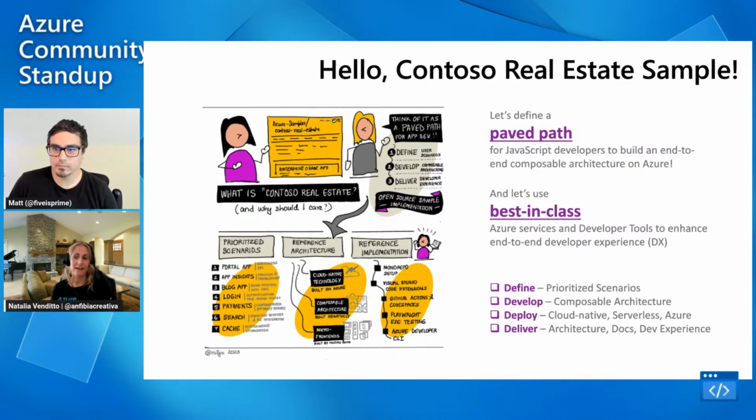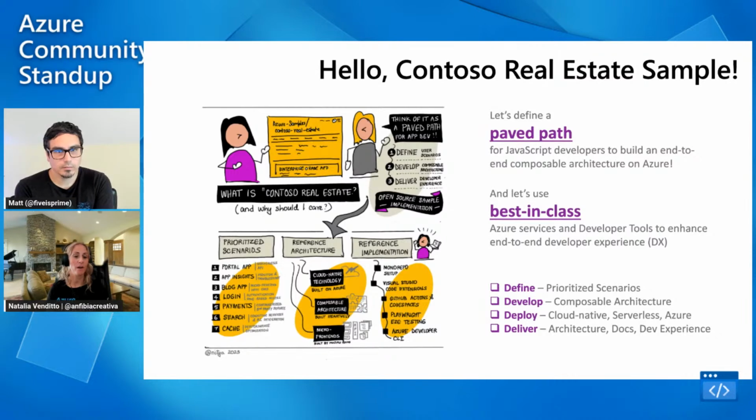And as we mentioned before, you can think of it as a paved path for developers to explore, to understand how things connect to one another. And how do we go from zero, from not having anything, to delivering this, or provisioning and deploying this large application?